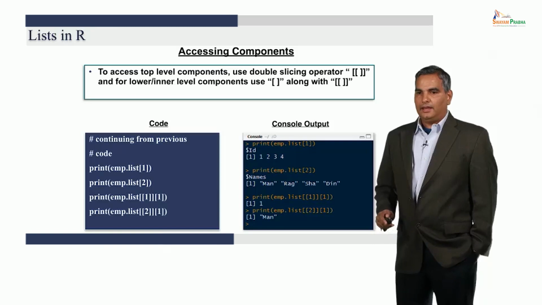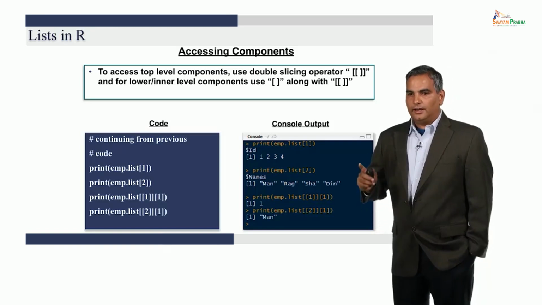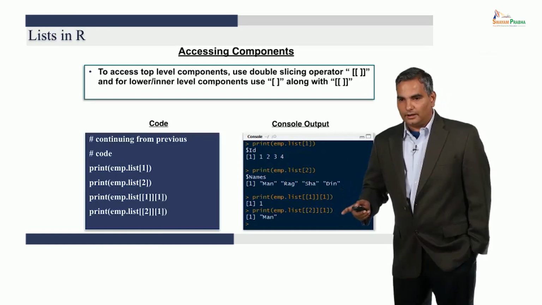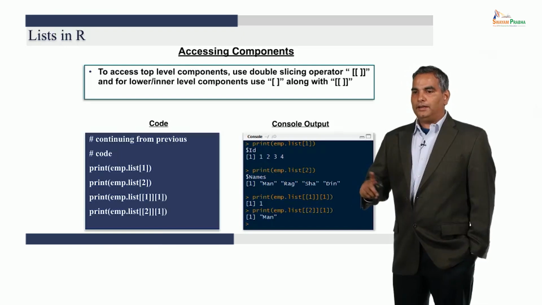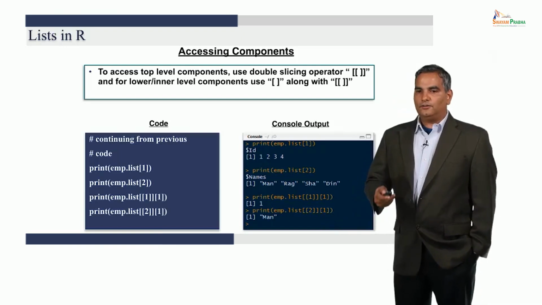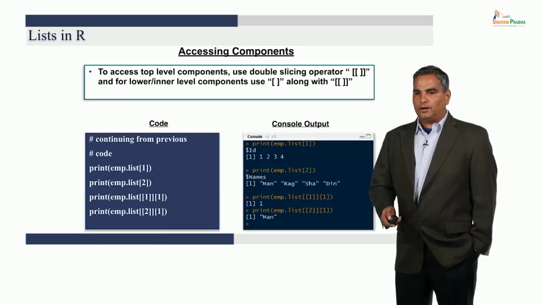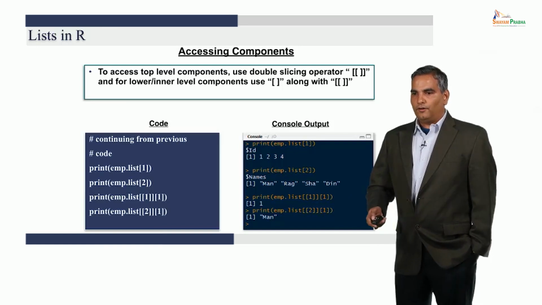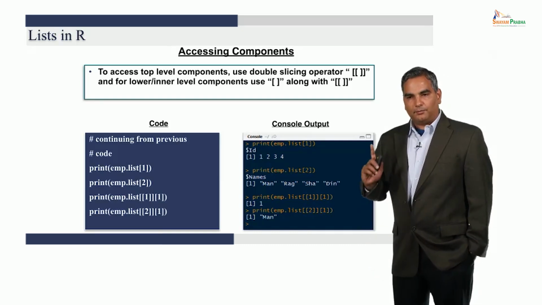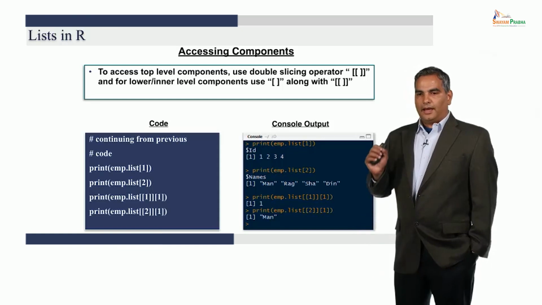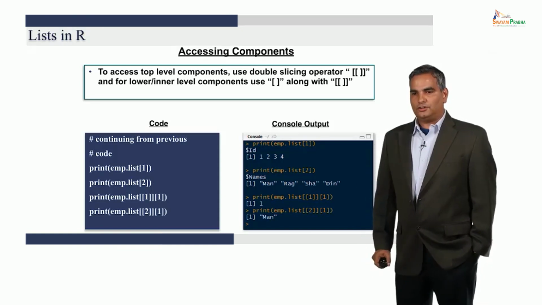So if I say emp.list[[2]], then it will go to a particular object, and then within that you can pick anything that you want. So to give you an example, print(emp.list[[1]][1]) would give you the corresponding answer, that particular aspect of the list object that you have defined.